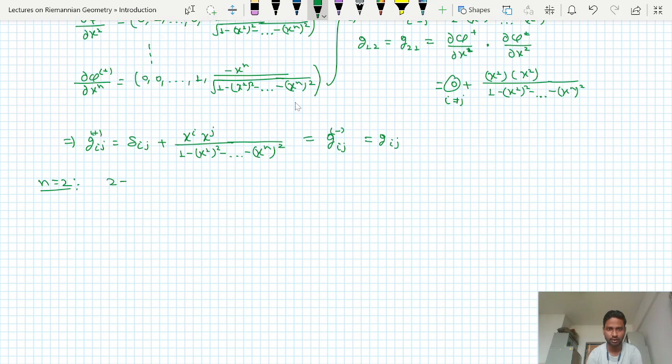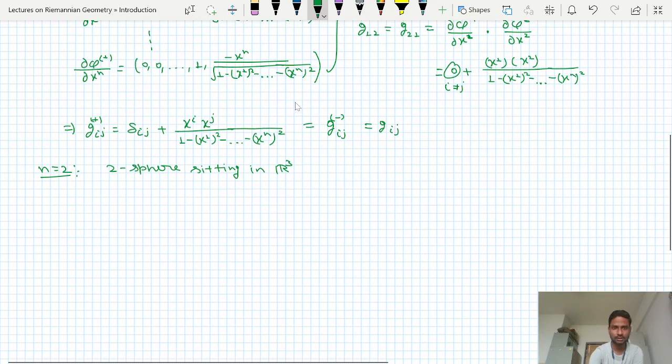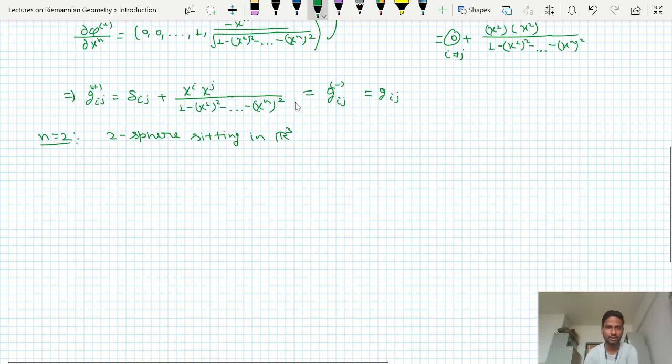That is, I'm talking about the two-sphere sitting in R3. That's what I'm talking about. So let me write down all the metric components in matrix form. I am going to write down this matrix Gij. Let's call it the matrix A.